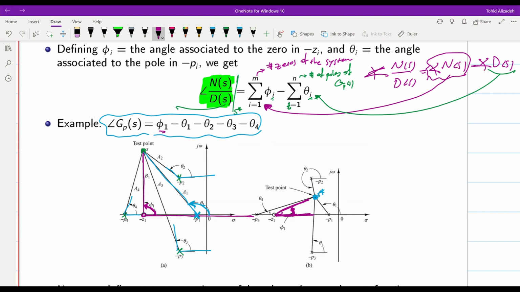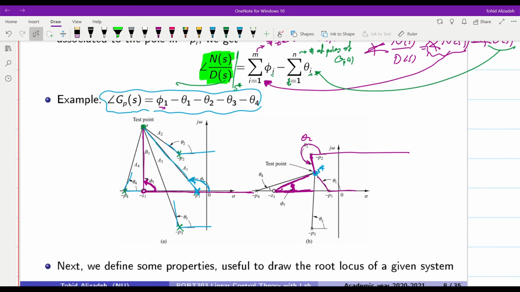Similarly for the poles, we have theta 1 obtained in a similar way. For theta 2, the pole is connected to the test point, and the horizontal line from the pole towards plus infinity is drawn, and then we have obtained theta 2 over here, and similarly for the other poles. And we have the same equation for finding the phase of GP.